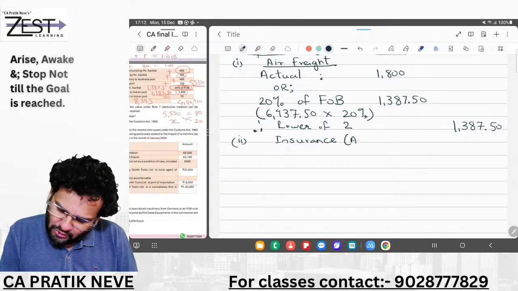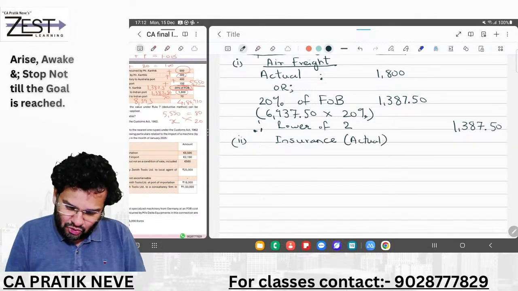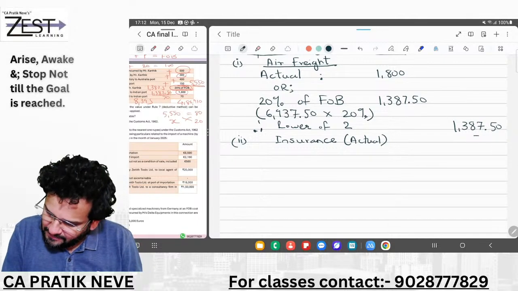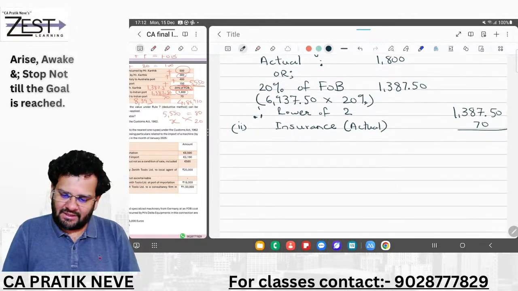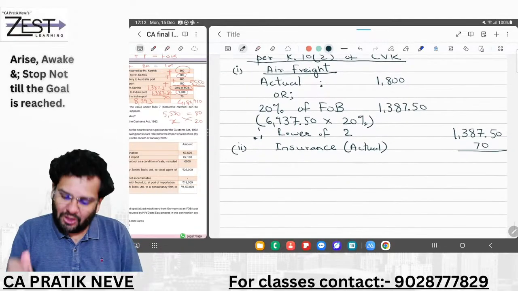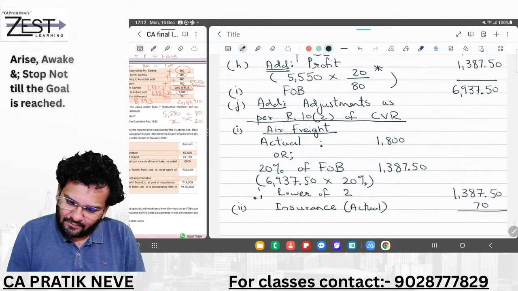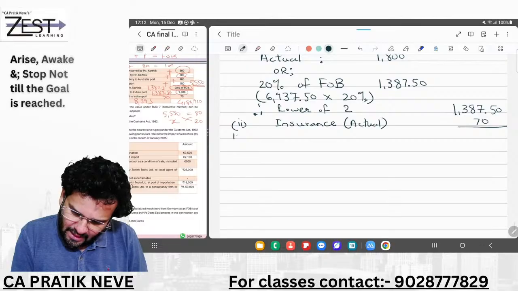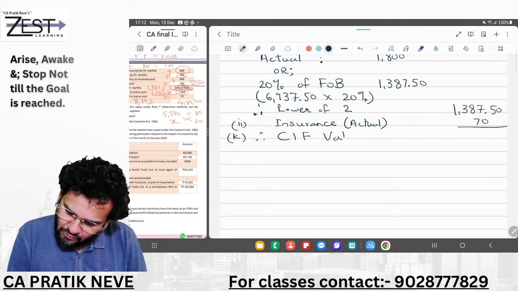And then second thing in 10(2) you have to add is insurance. So you have to take actual, and actual is 70. Take total, friends. That total will be called CIF value.